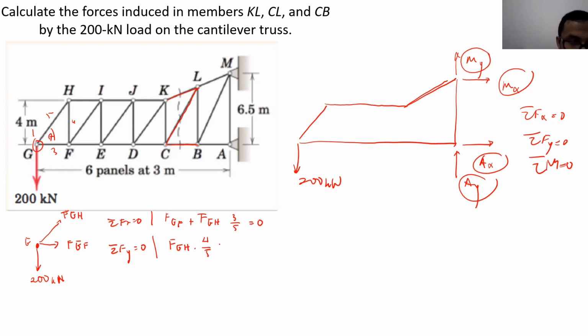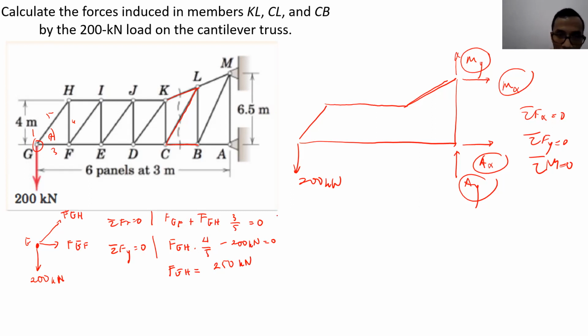Okay, then what else? 200 kilonewton minus 200 kilonewton equal to 0. What is the value of GH? 250 kilonewton. Correct.